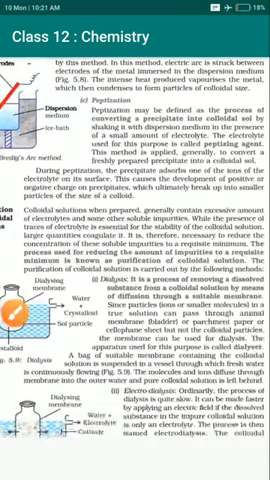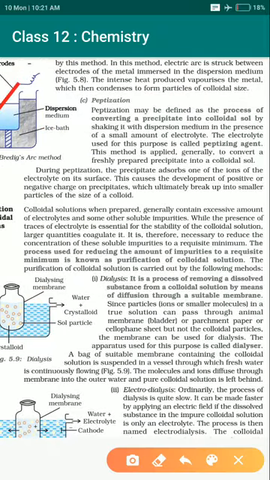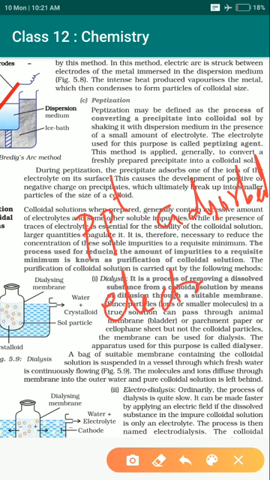How does this peptization process work? Whatever precipitate you take, as in the adsorption process we discussed earlier, gets adsorbed over the surface of the electrolyte.